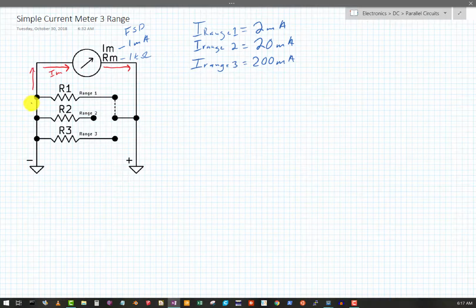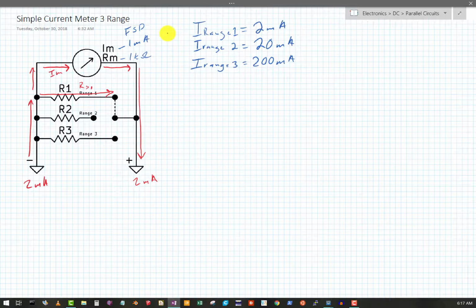Alright, and so on range 1, we need to figure out what RS is. RS1 we'll call it. What I'm saying here is range 1 is 2 milliamps going in and 2 milliamps coming out of the entire circuit.